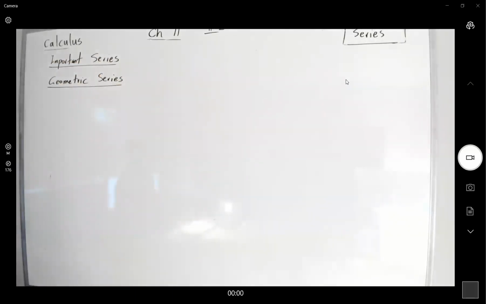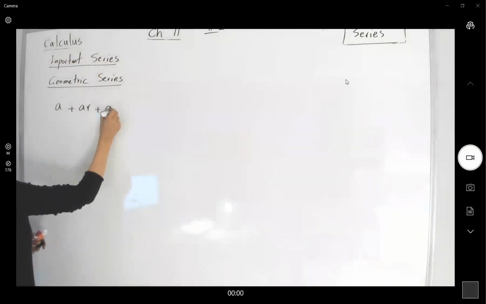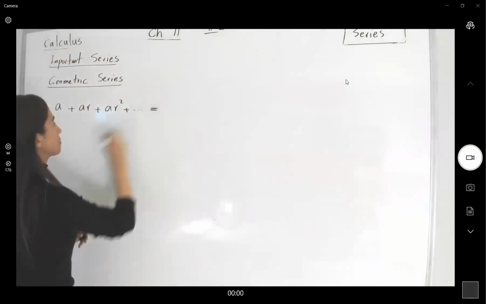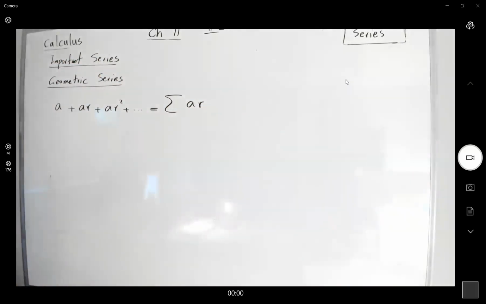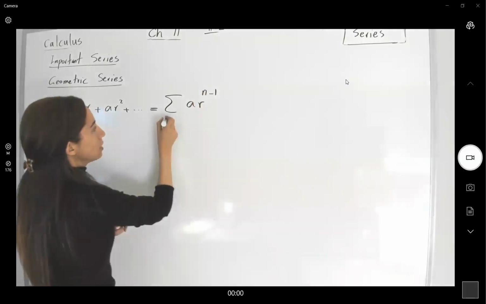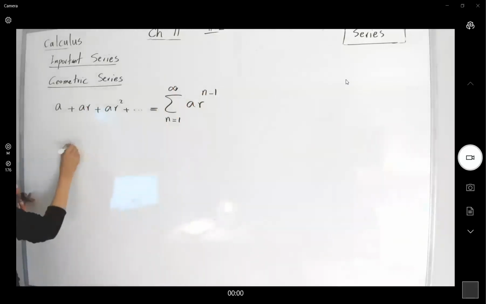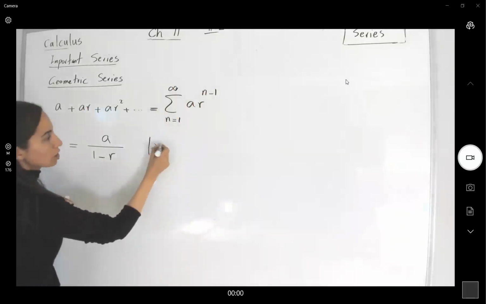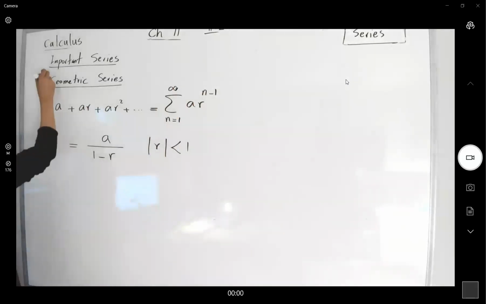Geometric series says if you have A plus A times R plus A times R squared plus dot, dot, dot, and it's equal to the sum of A R to the power n minus 1, starting from 1 and going to infinity, this sum is equal to A over 1 minus R, with the condition that the absolute value of R is less than 1.